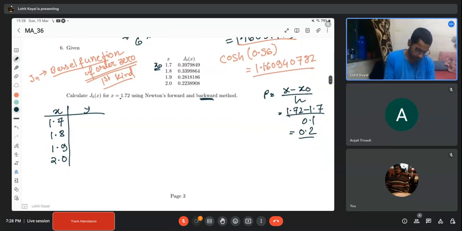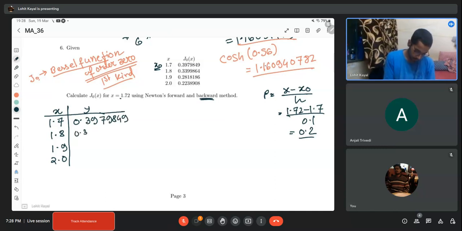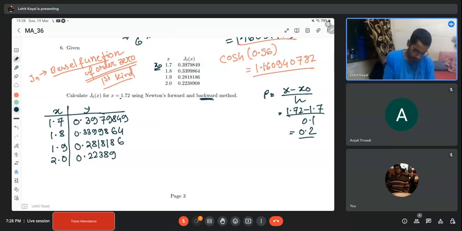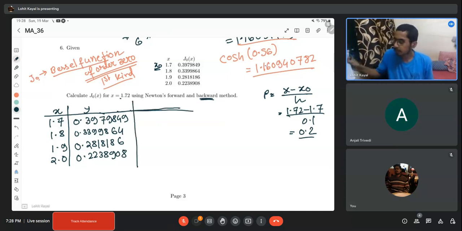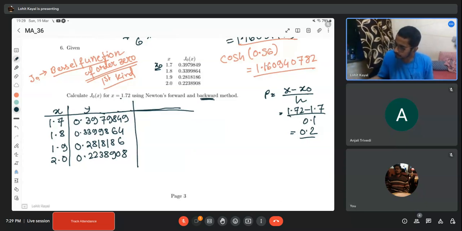What will be the y values? They are 0.3979849, 0.3399864, 0.2818186, 0.2238908.